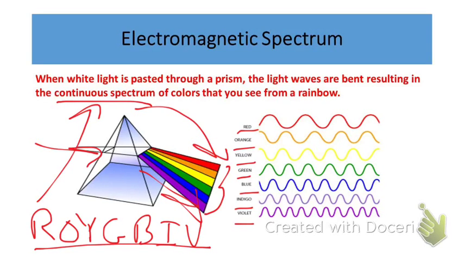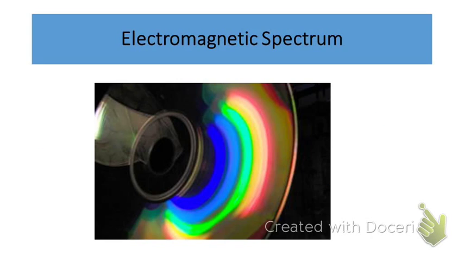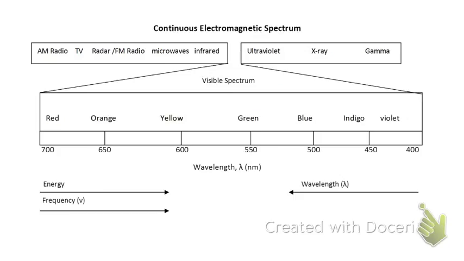Now the difference again between all of these colors is the wavelength and frequencies that the electromagnetic waves have. Right? You can also see this with a DVD or a CD. If you shine some light on it, the white light will bend and break into a color spectrum, or a continuous color spectrum that we see here.